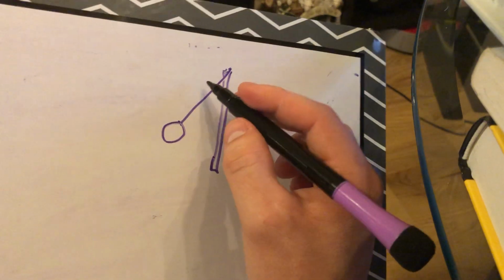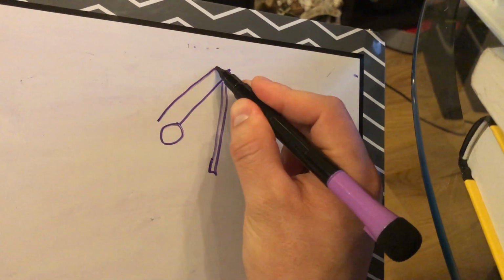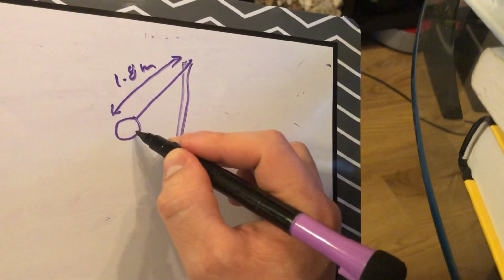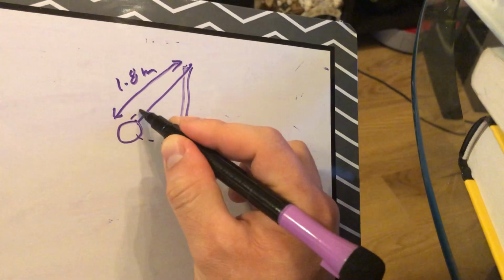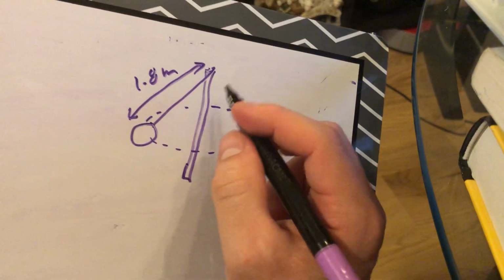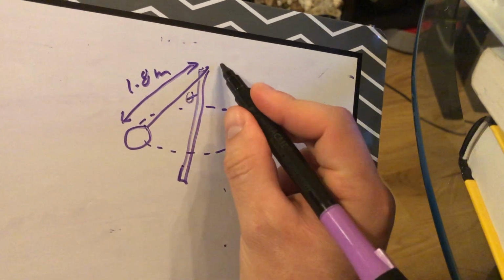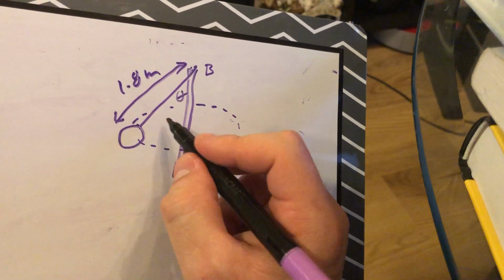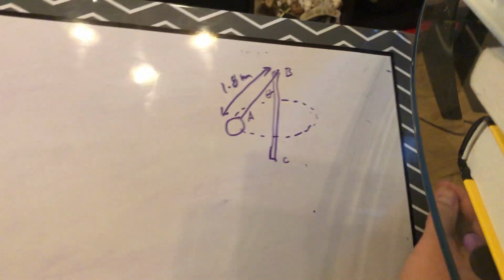That's the ball. This is 1.8 meters, just rotating around that. And there's our theta. It's B, C, and point A.